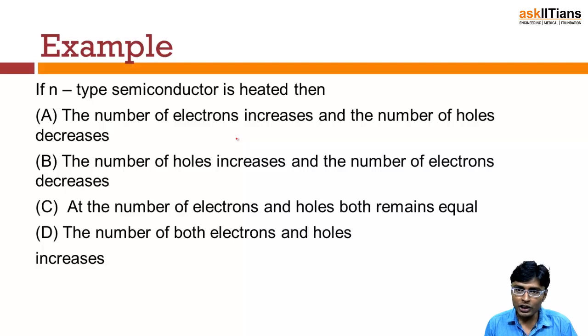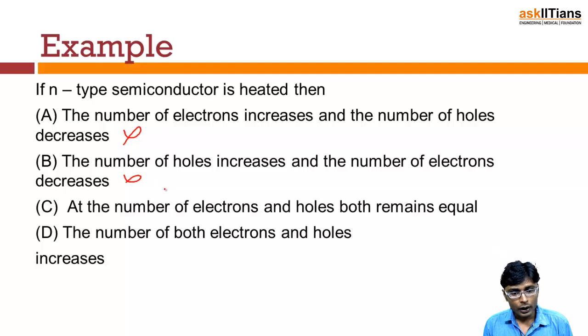Whenever the temperature increases, bond breakage will take place, and whenever a bond breaks, an electron is generated and it leaves a vacancy, and that constitutes a hole, right? So option A is not the correct answer. The number of holes increases and the number of electrons decreases is also not correct.